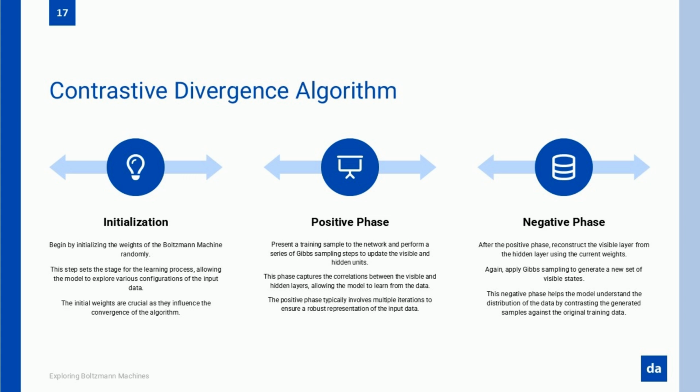Other refinements, like parallelized sampling and hybrid training methods, have further improved the efficiency of training energy-based models. Despite these limitations, contrastive divergence remains one of the foundational techniques in training RBMs and DBNs.